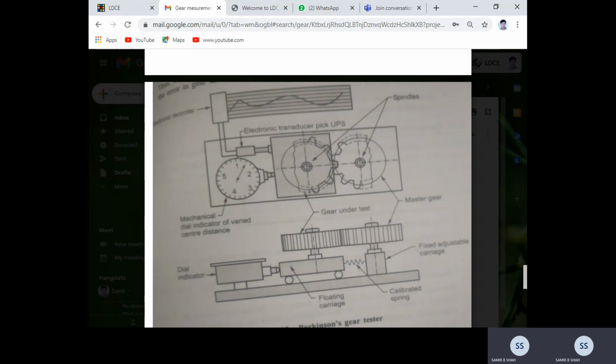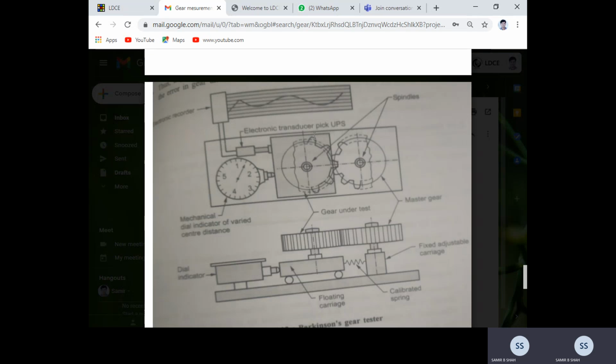Whenever the gears start to rotate, we count the changes produced in the dial gauge. If the readings are within the acceptable limit, the gear is selected; otherwise it is rejected.